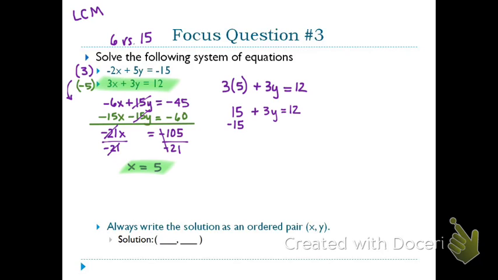Wonder why. Oh, because we get a negative. So, these cancel. We have 3y equals negative 3. And then when we solve, we divide by 3. Wouldn't you believe it? We get y equals negative 1. We have two coordinates here, x, y. They go together. What's our answer? 5, negative 1.